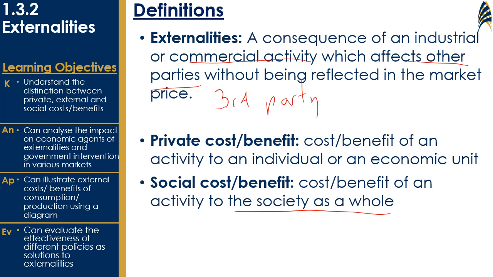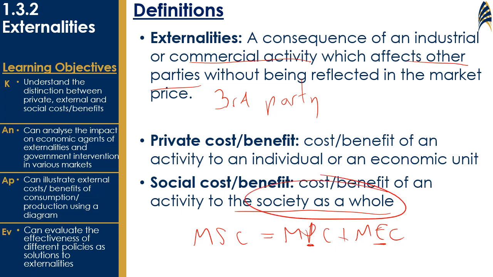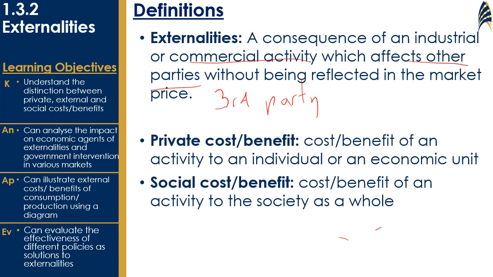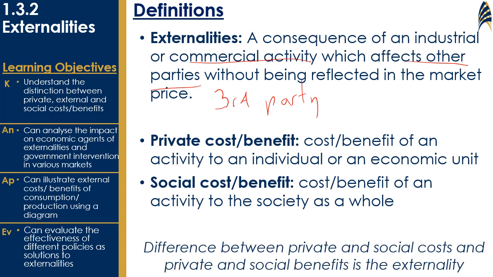You're going to see this when we get onto the diagrams, and it tends to be in terms of marginal. Social cost, for example, is going to be the marginal private cost plus whatever the marginal external cost is. You've got the private cost, private to the firm, and you add this external cost, this third party cost, and then you get the total cost to society as a whole. Really important. Probably much clearer when you see it in a diagram.